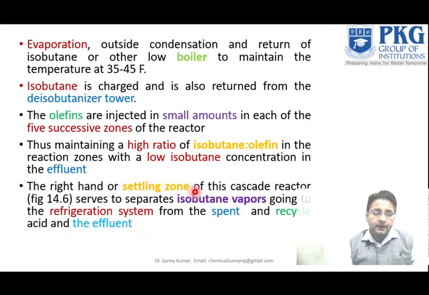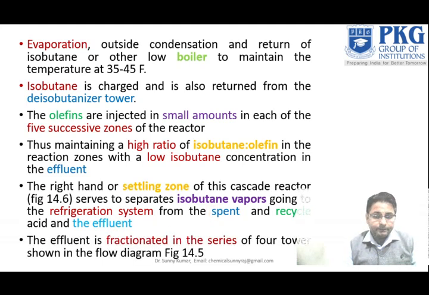The right hand or settling zone of this cascade reactor, as shown in figure 14.6, serves to separate isobutane vapor going to the refrigeration system from the spent and recycled acid and the effluent.